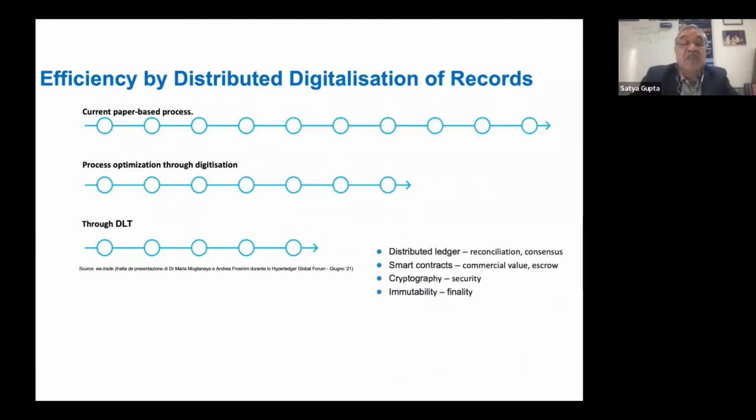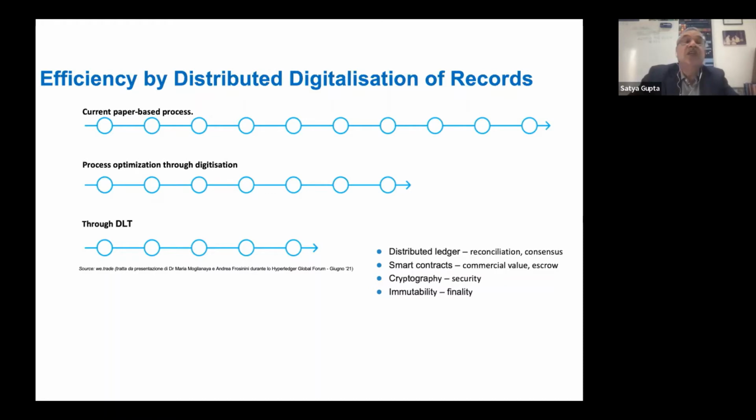That we are doing, everyone knows. But when you go further, you make it a distributed ledger. A distributed ledger means now there is no middleman. Now it is actually peer-to-peer. Once you do that, you achieve about 10% more efficiency.